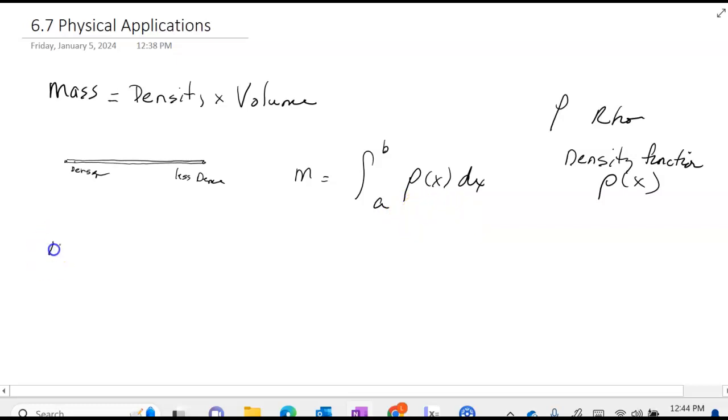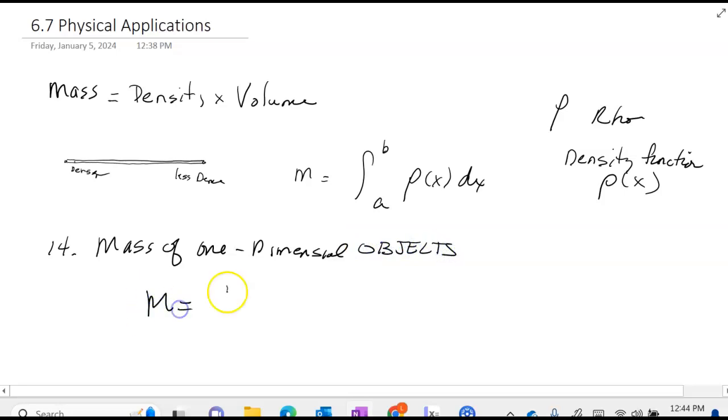So for example, let's take a look at number 14 in our textbook. As always, I will just pick some odd problems from the text to go over. And this is called mass of one-dimensional objects.